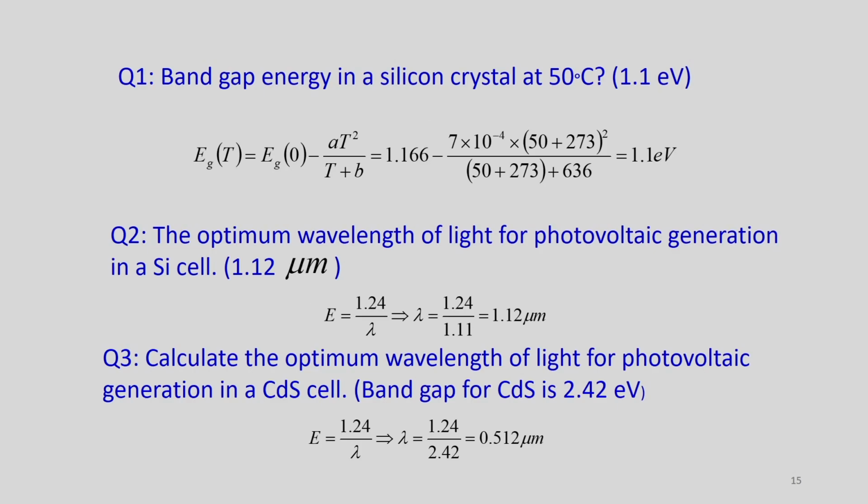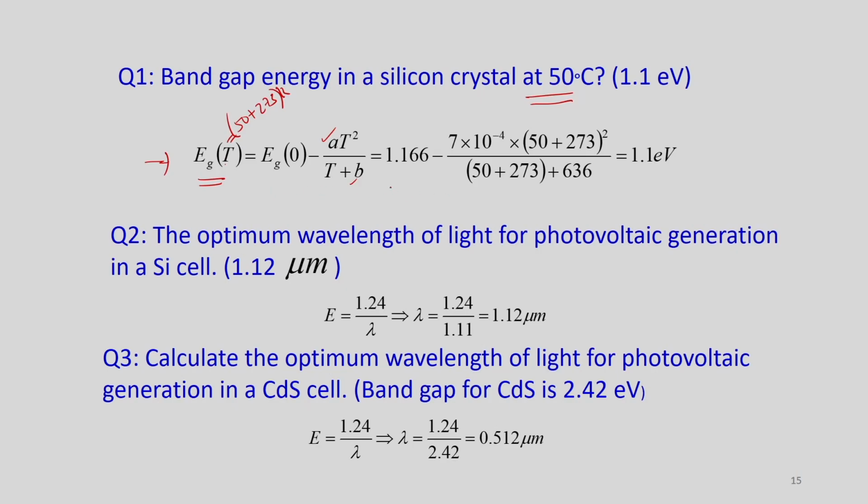Say, for example, I am interested to know the band gap energy in a silicon crystal at 50 degrees C. We know the relationship and the values of constants A and B, so straight away you can use this relationship for Eg at a certain temperature. This temperature is 50 degrees C, so 50 plus 273 is the temperature in Kelvin.